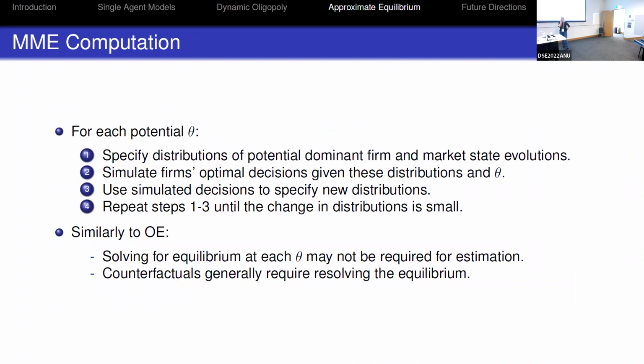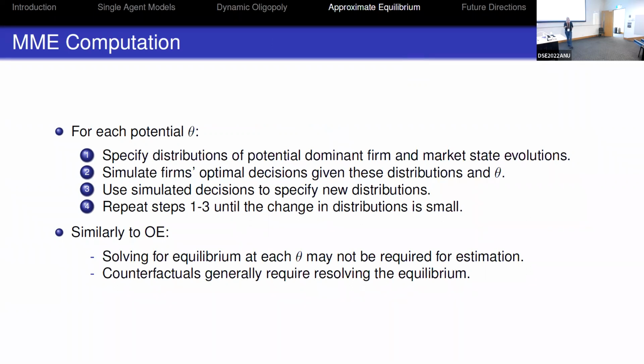How do you do this? It looks really similar. We're going to specify distributions of potential dominant firm outcomes, and market state evolutions or fringe outcomes. We're going to simulate optimal decisions against that. Use those simulated decisions to specify new distributions, repeat until a change in distributions is small, pick a new theta, repeat it all again.